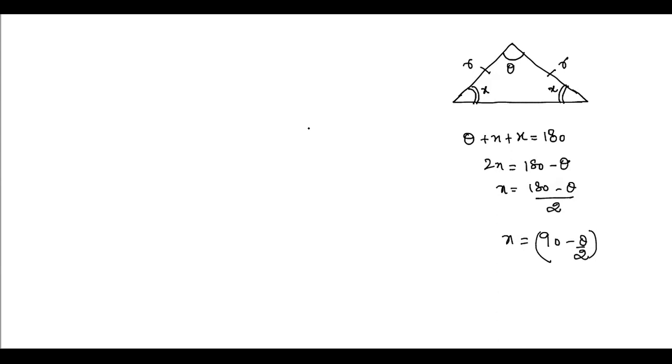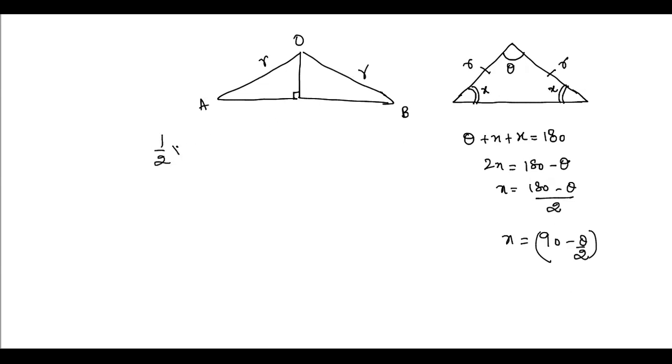Okay. And if I'm writing this way, this one is theta, this one is R, this one is R, and this is the perpendicular that we have drawn here. We are saying that this is A, this is B, and this is C, and we need to find the area of this triangle.